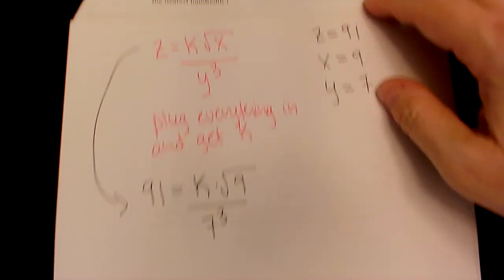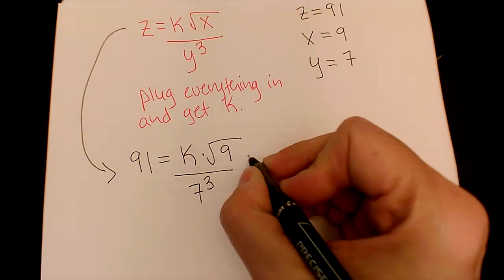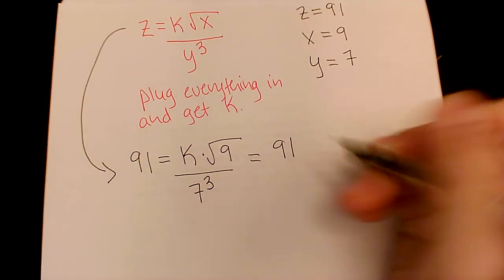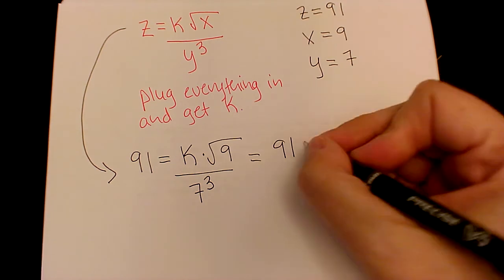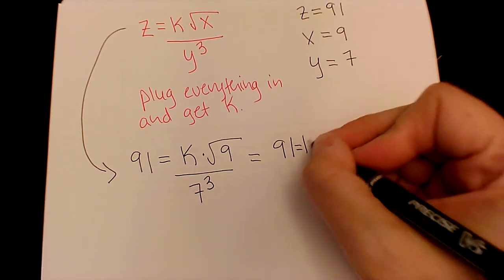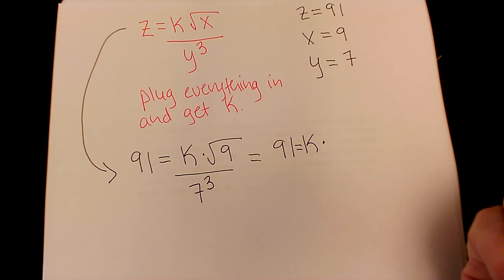So that's 7 cubed, or 7 times 7 times 7. Okay, let's see if we can simplify this a bit. What's the square root of 9? What number times itself will get us to 9?